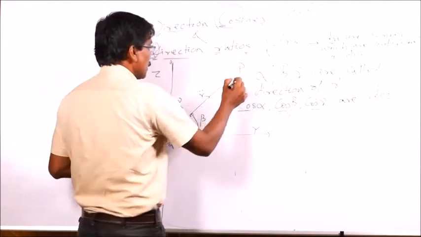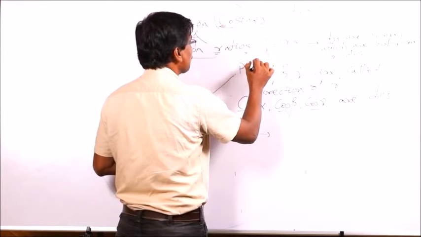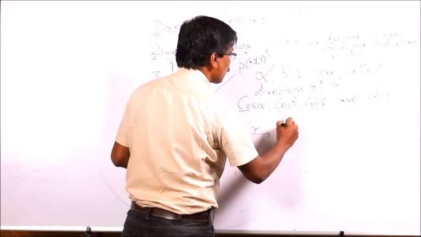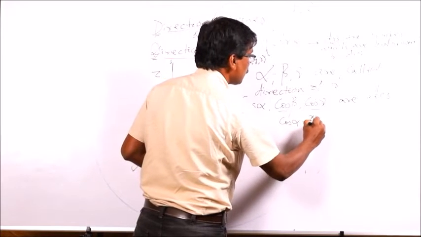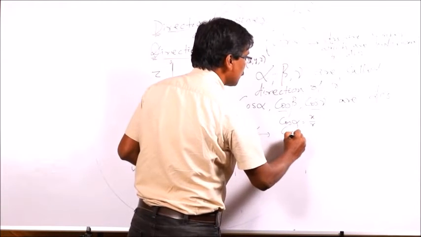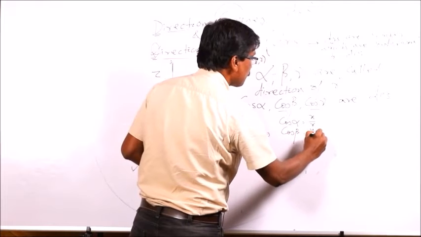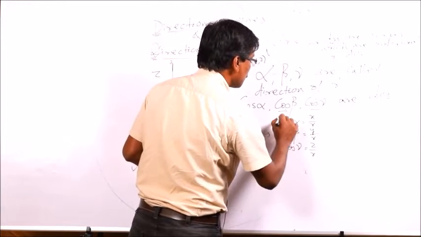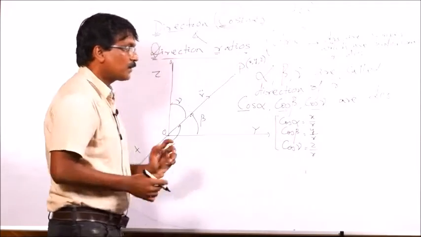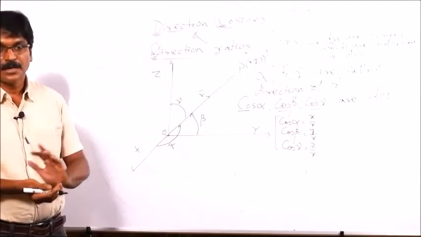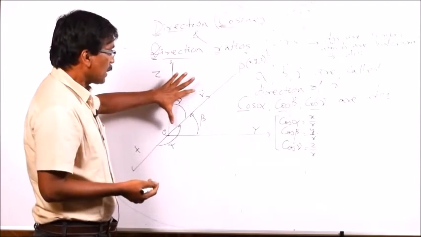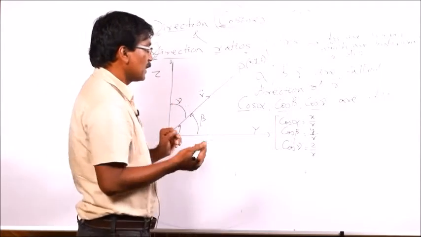Suppose P has coordinate x, y, z. So direction cosines: cos alpha is equal to x by r, cos beta is equal to y by r, and cos gamma is equal to z by r. So x by r, y by r, and z by r are called the direction cosines of r vector.